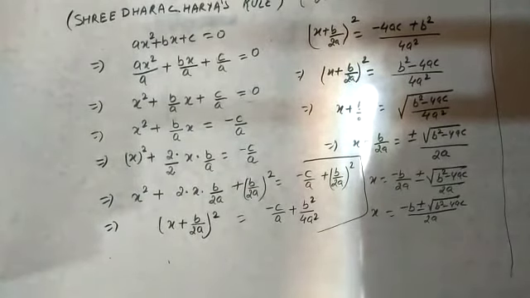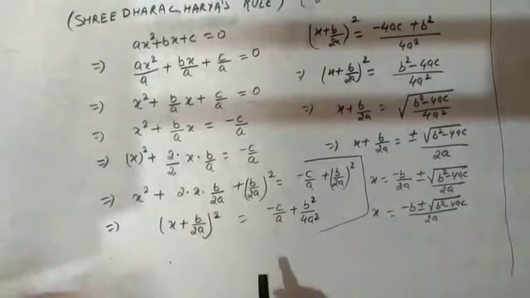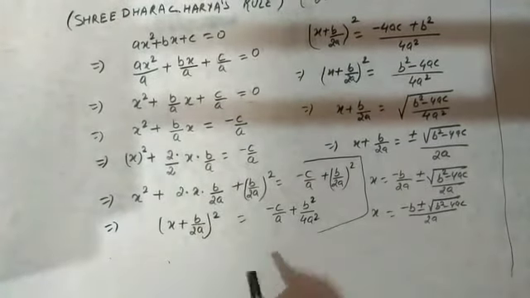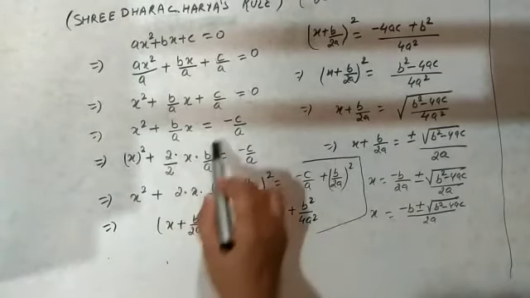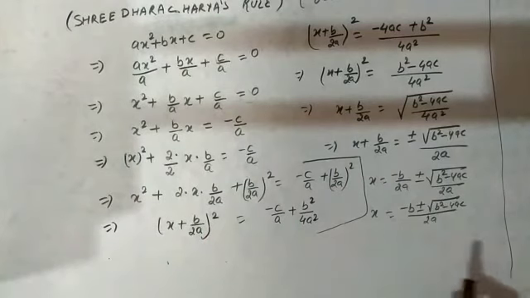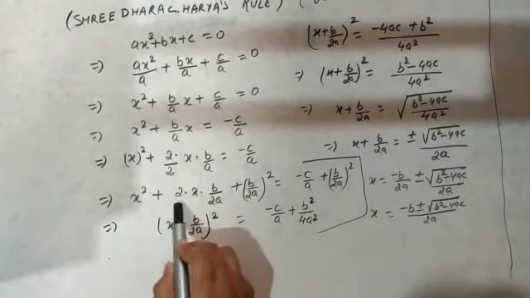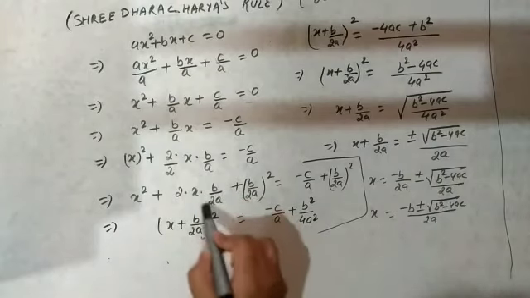Now what we will do, x square is there, we need 2ab here. So multiply and divide by 2: x square plus 2 into x into b by a equals minus c by a. Now this 2 we write here, x and b by 2a we make our second term.